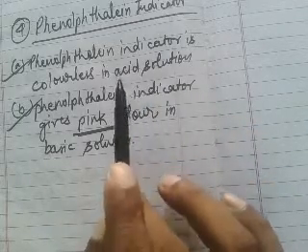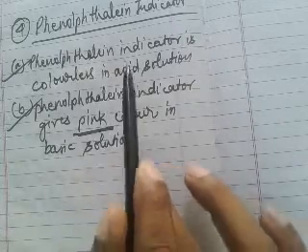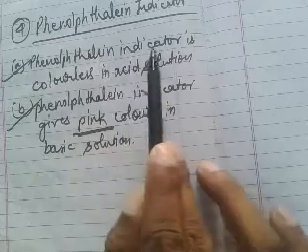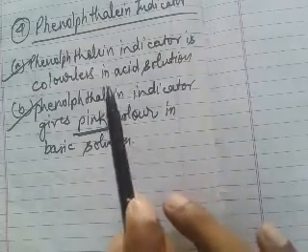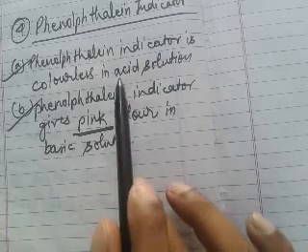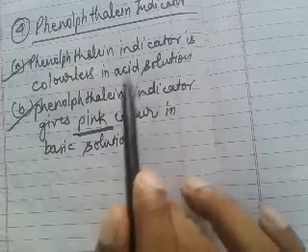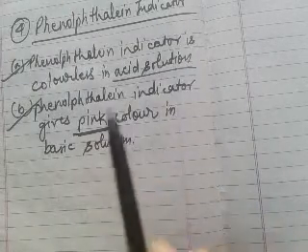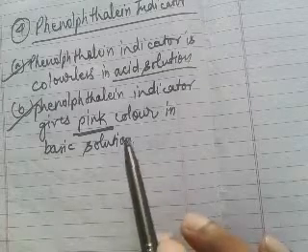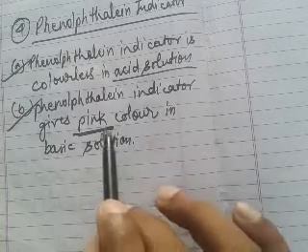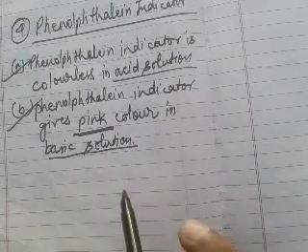If we add a few drops of the solution on the phenolphthalein indicator and there is no color change, it means the solution is acidic. And if it gives a pink color, that means the solution is basic in nature.